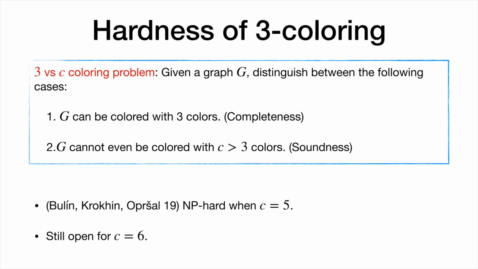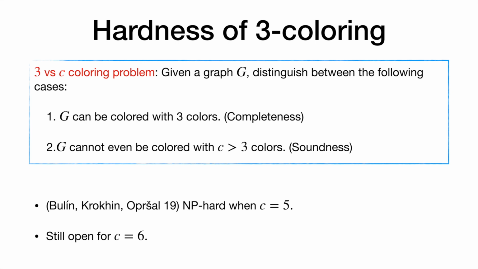If C equals 3, that's the standard three coloring NP-hard problem, distinguishing whether a graph is three colorable or not. For C equal to 4, it's been known for quite some time, and C equal to 5 was proved very recently by Bulín, Krokhin, and Opršal using quite a bit of technical algebraic machinery, and it's open even for C equal to 6.